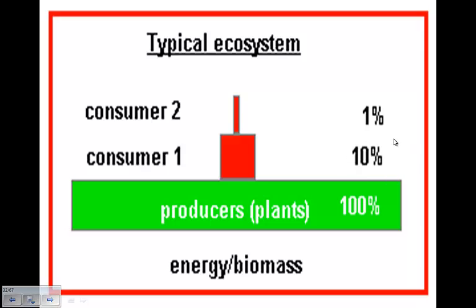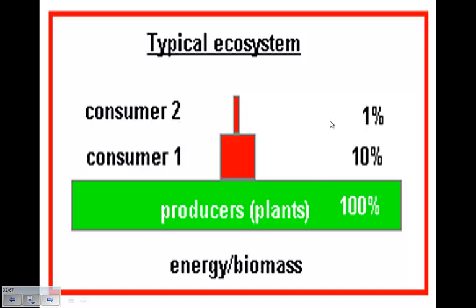Part of that is because there's less of them, and part of it is because energy is used. The plants use up this energy, and some of it is released. And so right here you have only 10% of the primary consumers will get the energy from the producers.